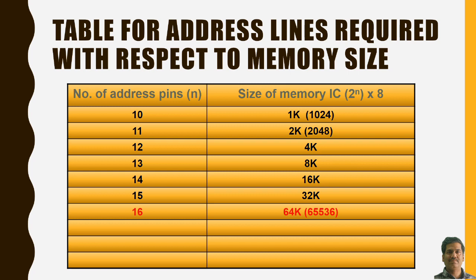Similarly, if the number of address lines is 11, we can access 2K; 12, 4K; 13, 8K; 14, 16K; 15, 32K; and if it is 16 address lines, it is 64K, that is 65536 memory locations. Now, the size of the memory IC can be a maximum of 64K by 8, where 8 specifies the data length.